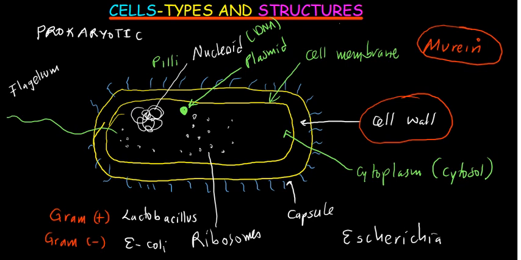Now, what's the difference between the gram positive bacteria and the gram negative bacteria? The difference is that gram negative bacteria cannot be stained by what we call a gram stain.